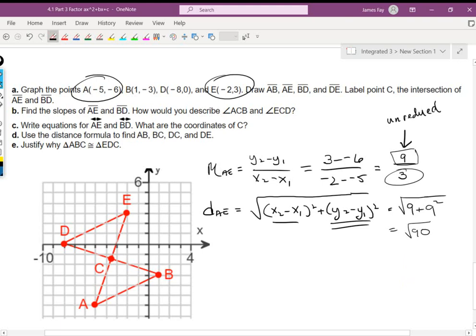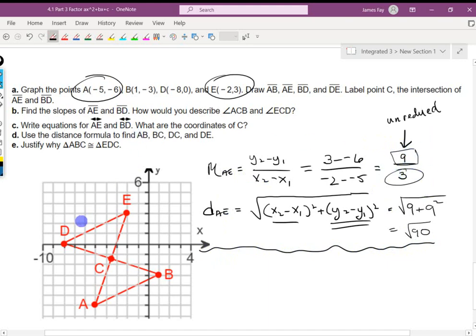The reason I'm going to do it that way is because if I reduced it, I'd have 3 over 1. I would have 9 plus 1, which gives me radical 10. And radical 90 and radical 10 are not the same thing, right? So if I'm going to use my slope to help me find my distance, then I'm going to make sure that I use the unreduced version of my slope to do that.